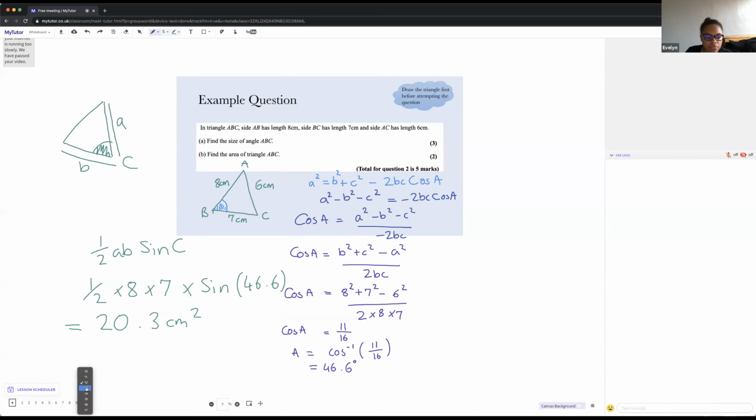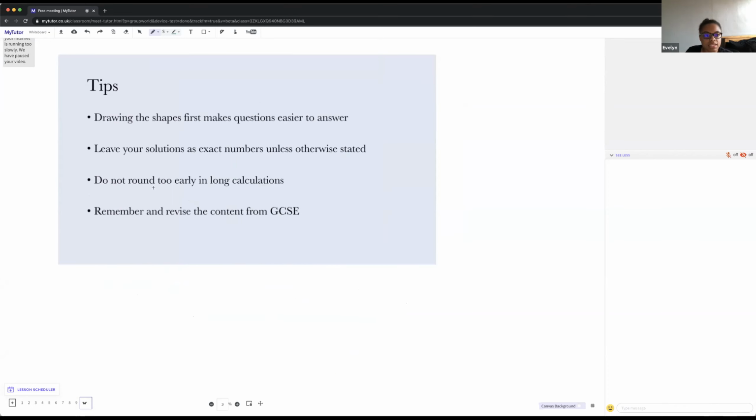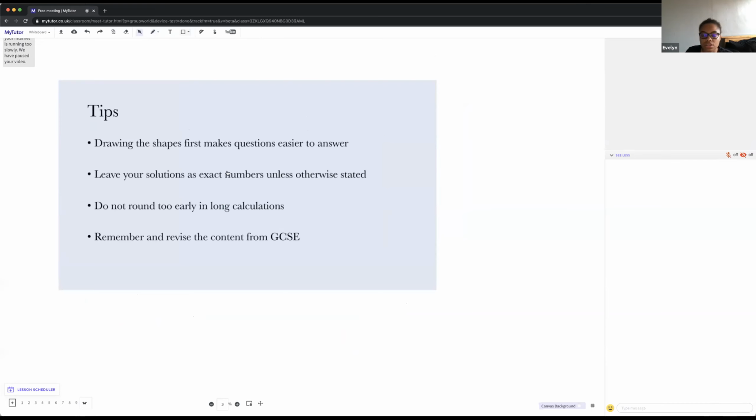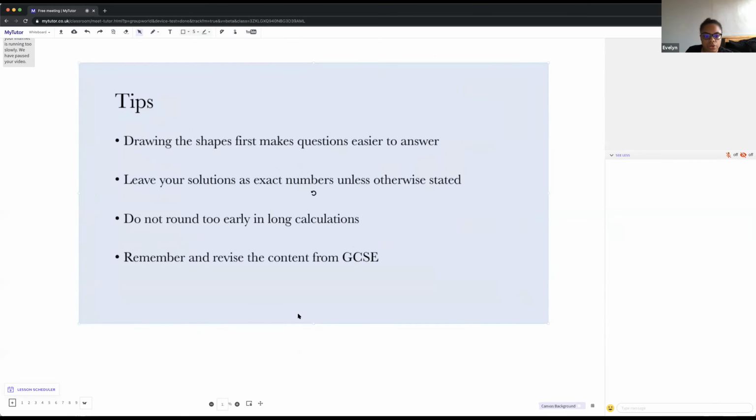Right. Let's have a look at some tips before we get on to the Kahoot. So some tips with trigonometry, like the difference between GCSE and A-level trigonometry. First of all, the questions will definitely be less wordy. They're very to the point.